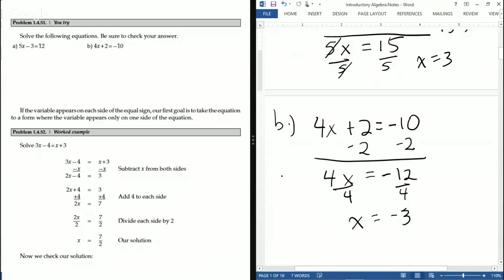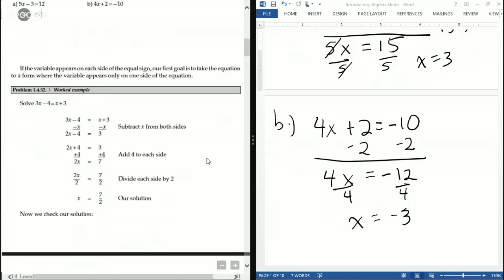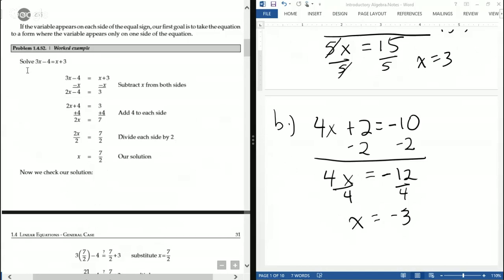All right, let's move on from there. The next problem, it looks like we have variables on both sides. And so what we'd have to do is just collect our variable terms on one side and our numbers on the other side, okay? And so what they decided to do is subtract x from both sides, you bring it down.